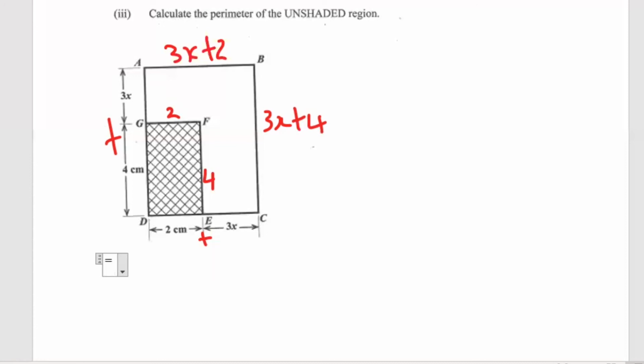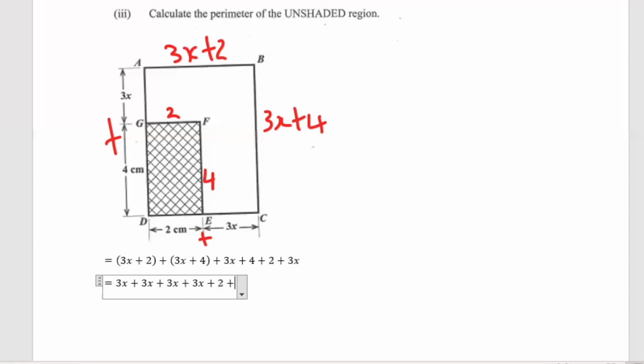So it will be 3x plus 2 plus 3x plus 4 plus 3x plus 4 plus 2 plus 3x. So what we're going to do is group all our like terms together so we can work them out. So what we'll have is 3x plus 3x plus 3x plus 3x, and then plus 2 plus 4 plus 4 and plus 2.